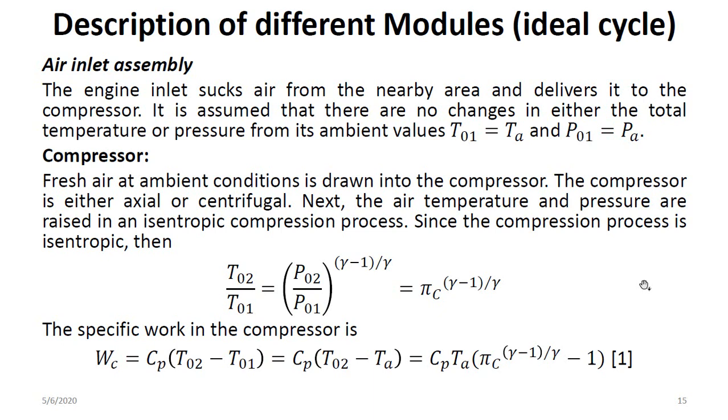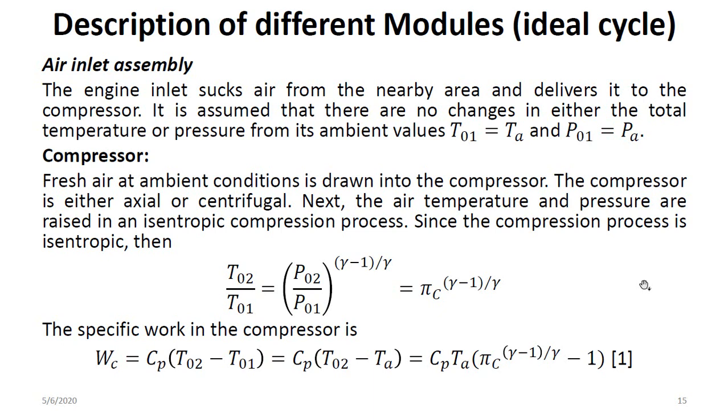Okay, so the first component to discuss is the inlet. And in here at the inlet, the engine sucks air from the nearby area and delivers it to the compressor. And here you assume there are no changes in total temperature and pressure from the ambient condition.